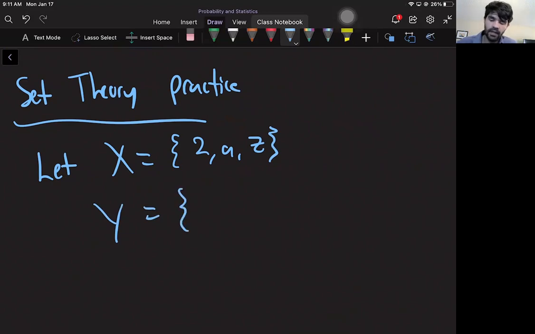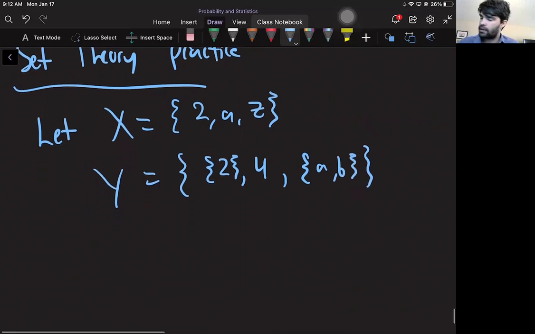So you can have sets of sets. So you can have a set that has the set 2 in it instead of just the number 2. Or you could have A comma B. Let me use different letters actually, because I used X and Y already. Let's just use A and B. So we can have sets like this.